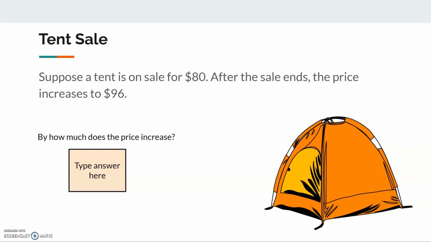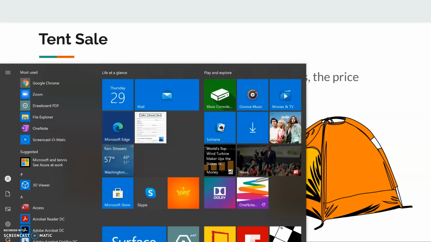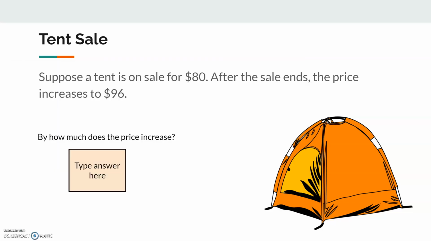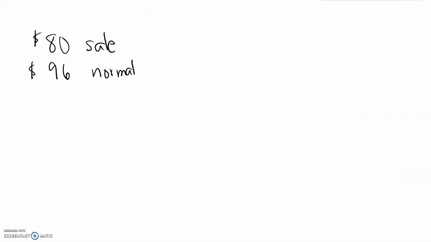So suppose a tent is on sale for $80. After the sale ends, the price increases to $96. By how much does the price increase? All right, so we're trying to figure out how much the price increased from the sale price to the normal price. So we have an $80 sale price and a $96 normal price.